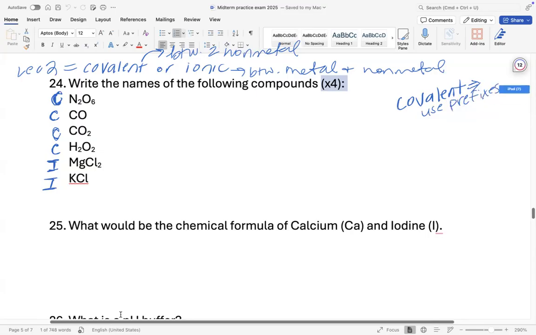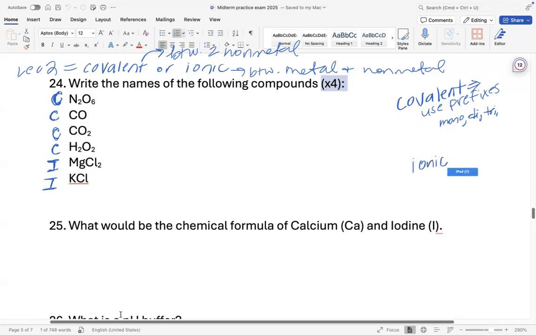I will give those prefixes to you, but just for a reminder, mono 1, 2 di, 3 tri, that stuff. And then there's the one little exception to the rule that if the first element is mono, then you drop it. And we have two examples of that here.